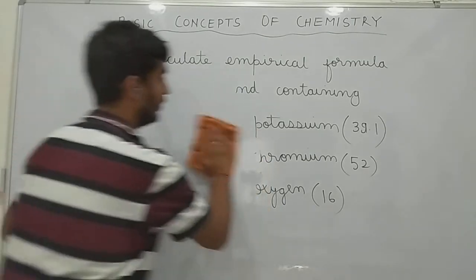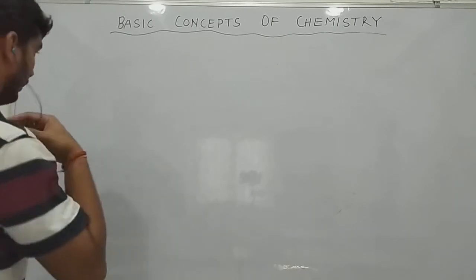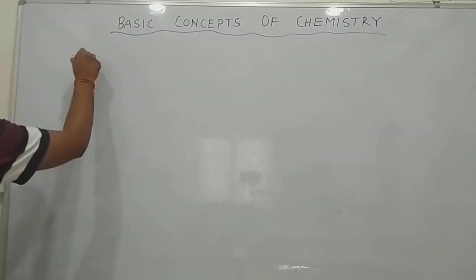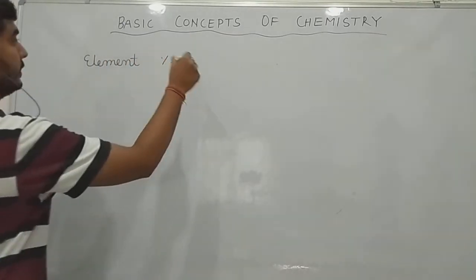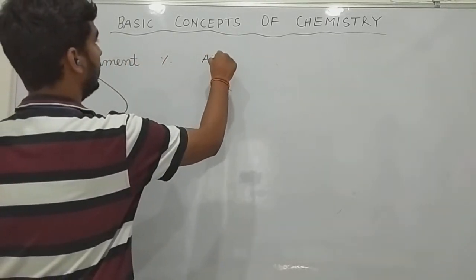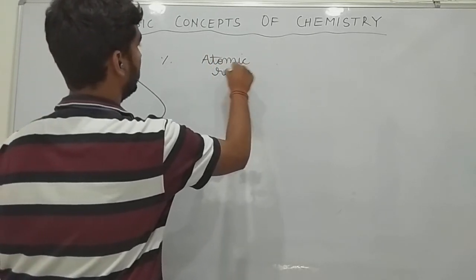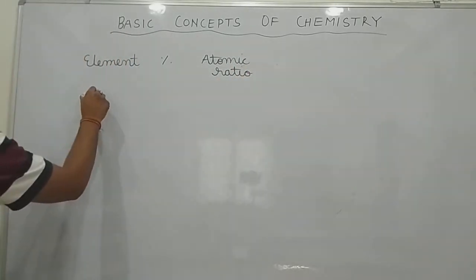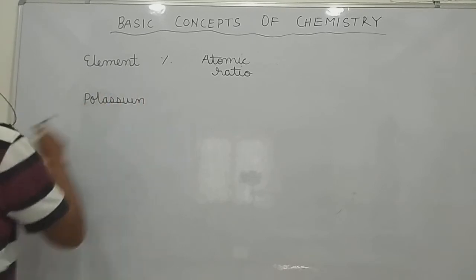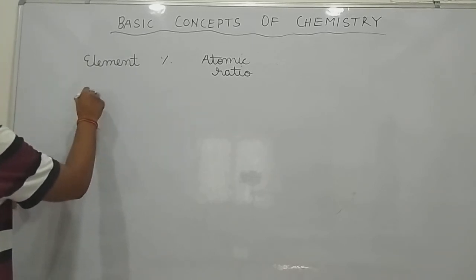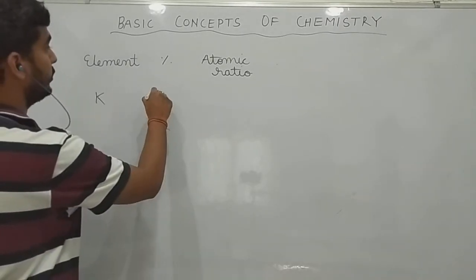First we'll prepare the table where the first column will be element, the second column will be percentage, the third column will be atomic ratio, and then we'll form some more columns. So the first element is potassium. Let me write potassium. Potassium percentage is how much?